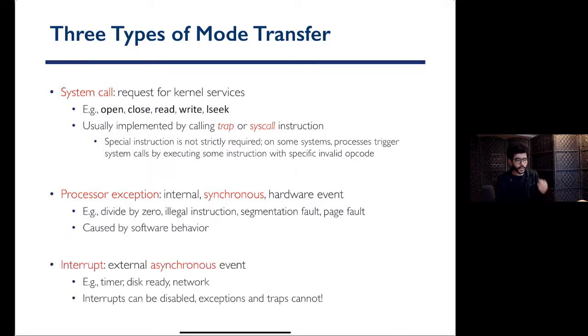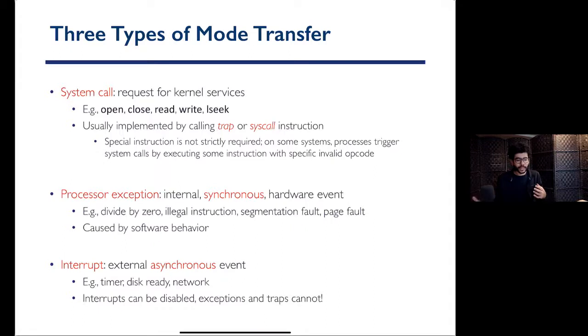The third category is interrupts. So interrupts are external and asynchronous events. Your software is running and then a timer interrupt goes off, or your software is running and somebody types on the keyboard, or your software is running and a packet comes from the NIC. All of these would interrupt the processor execution, and these are external. So your software is not causing it.